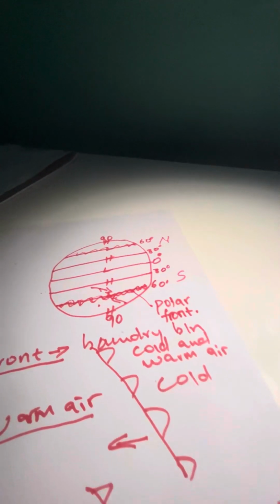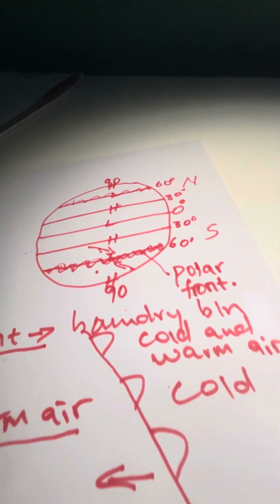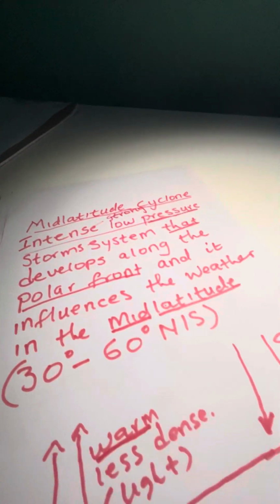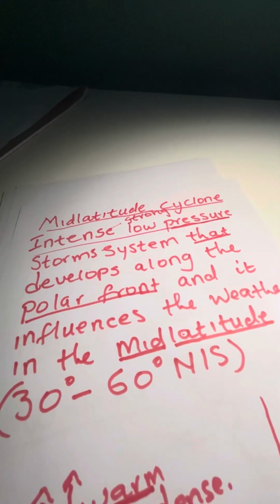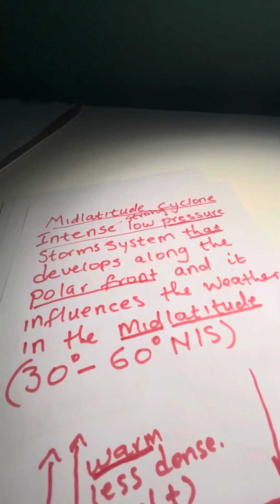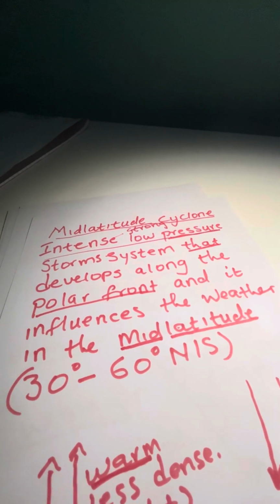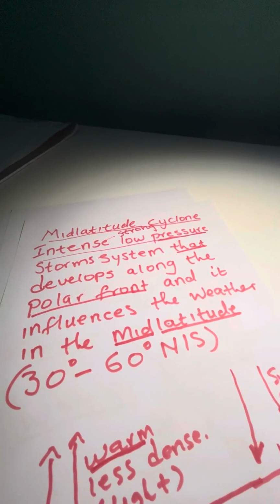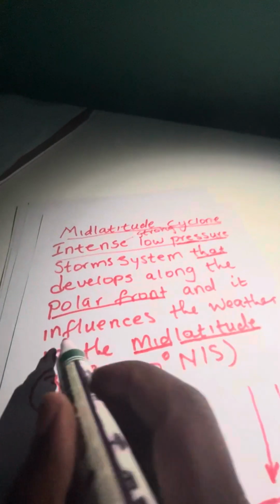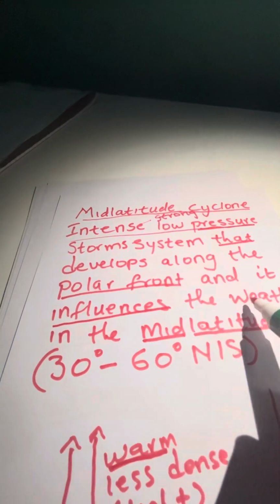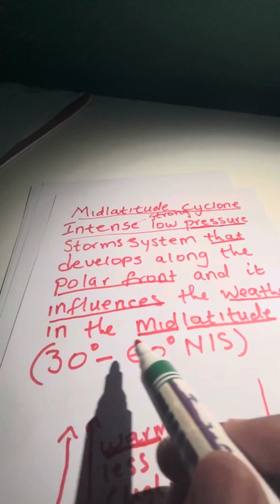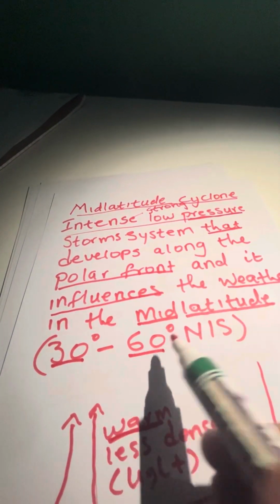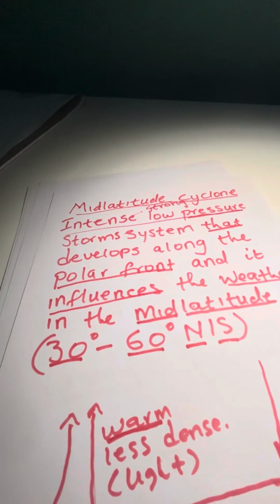It's called the polar front. Okay, let's try again to understand our definition. We said it is the intense low pressure system that develops along the polar front, and it influences the weather at 30 degrees and 60 degrees north and south.